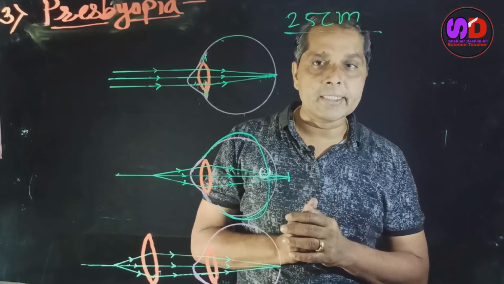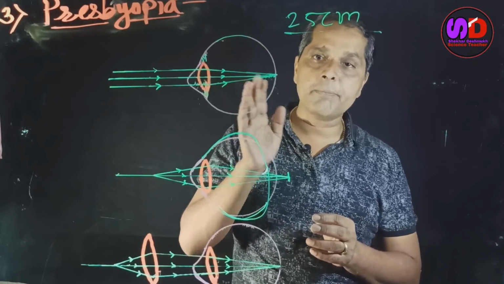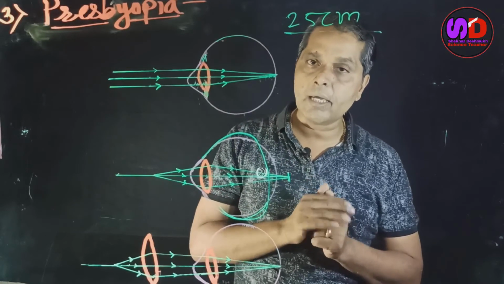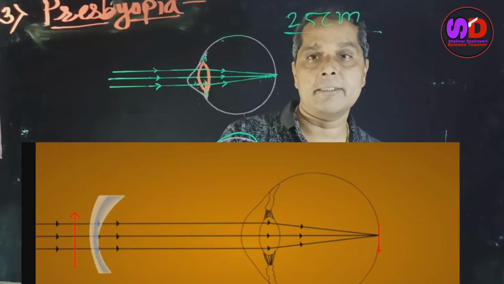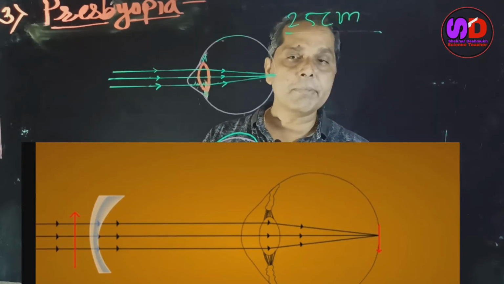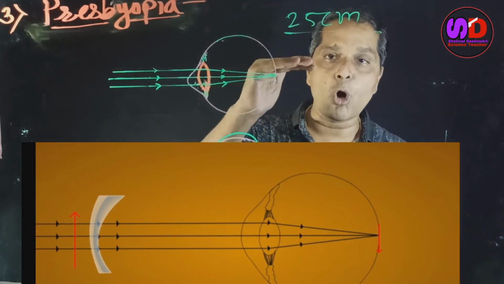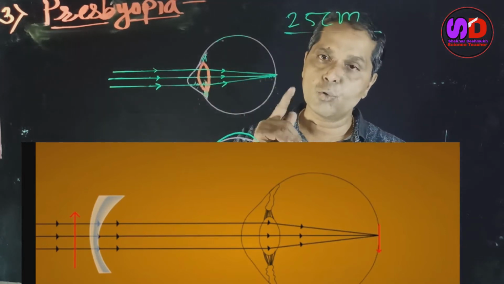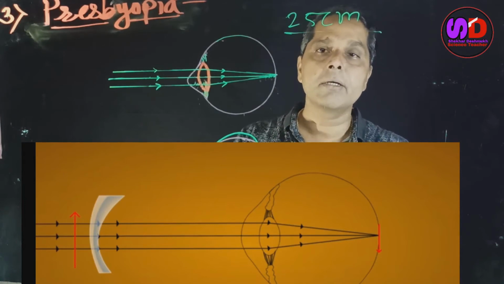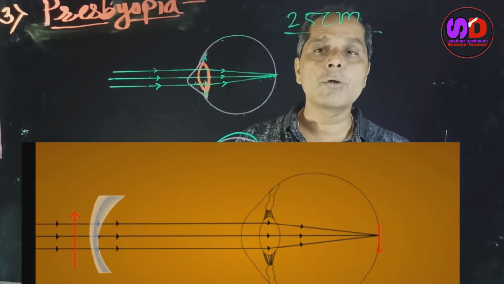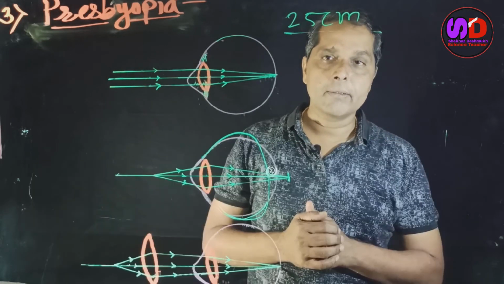In that case, if the person is suffering from myopia as well as presbyopia or hypermetropia, then bifocal lenses are used. In bifocal lenses the upper part is a concave lens to cure myopia, and the lower part is a convex lens to cure hypermetropia or presbyopia.